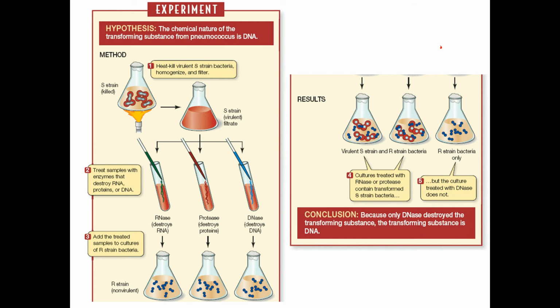And then you filter it. Alright, so all you're left with are the soluble components. Alright, so the actual cells themselves in the filter, they're too big to pass through the filter. So you're left with DNA, you're left with RNA, you're left with proteins. Okay. Now, not all proteins are going to pass through the filter. Okay, but you are going to have some short proteins that pass through.